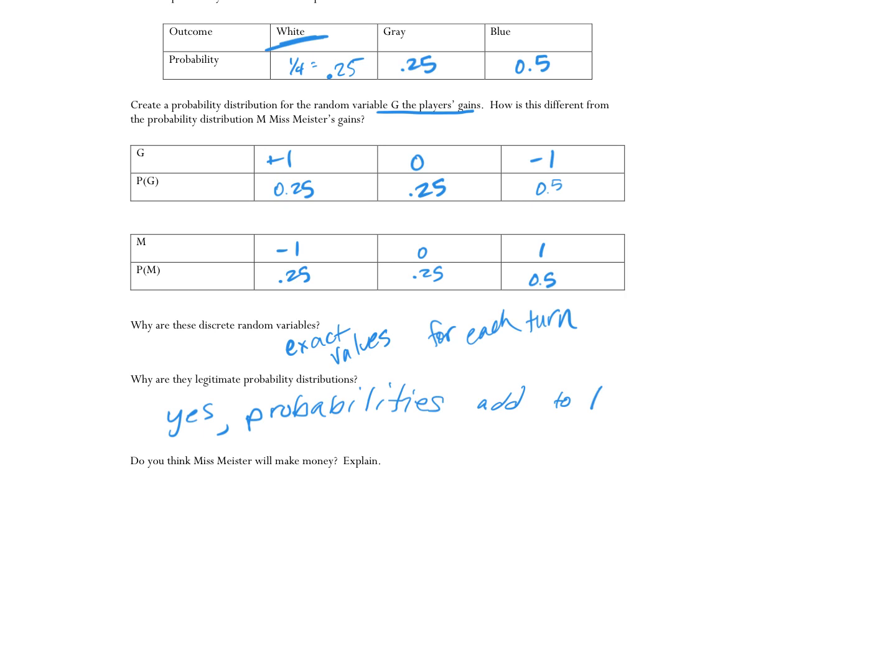Is everybody with me? You guys make money. There's going to be a section where you don't make any money. And then there's going to be a section for when I make money. Do you guys see what I'm saying? So how could I make this more fair to you guys?